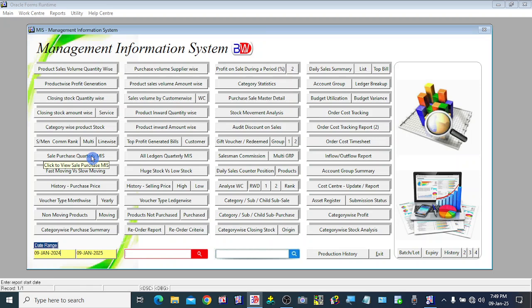That information we can generate by clicking this salesman commission multiple button.